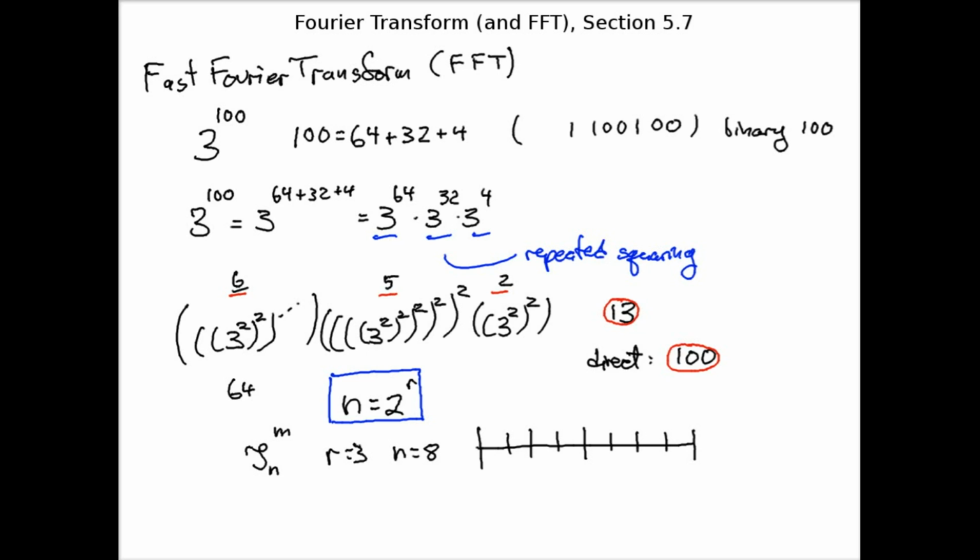What winds up happening is you first sample every other point, so you do these 4 points and these 4 points. And then out of the blue points, you group them again into these 2 points and these 2 points. And then similarly, the red, you group by these 2 points and those 2 points.